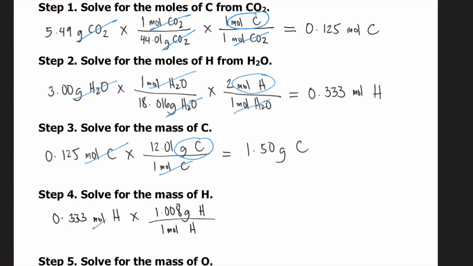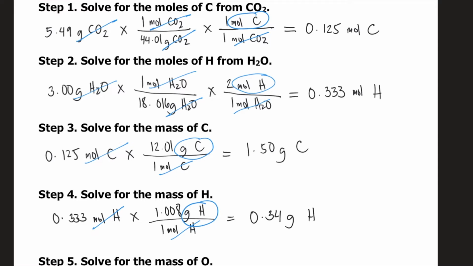So the moles of hydrogen cancels out, and this gives us grams of hydrogen. And if you solve this in your calculator, you will get approximately 0.34 grams of hydrogen. So that's for step number 4.